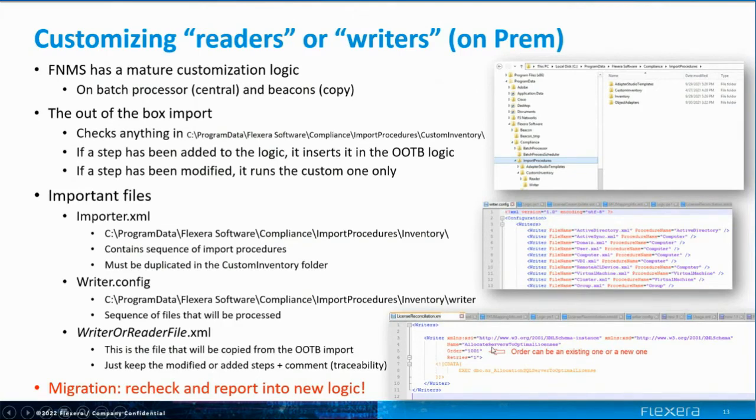Or if you modified an existing step, let's say the step 1000, and you have a specific fix, the inventory import will actually run this step, which is in the custom inventory, and not the out-of-the-box one that was containing something. So typically, you would start from the existing step. You would modify the SQL logic in a step.